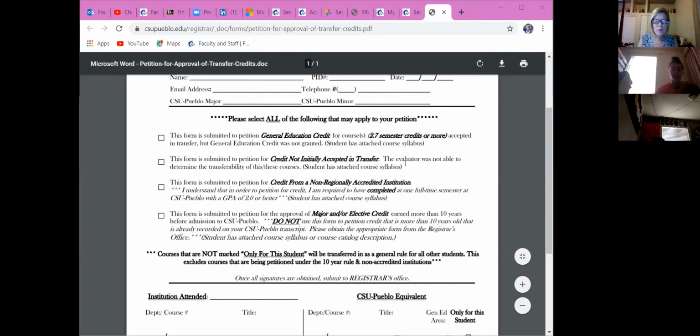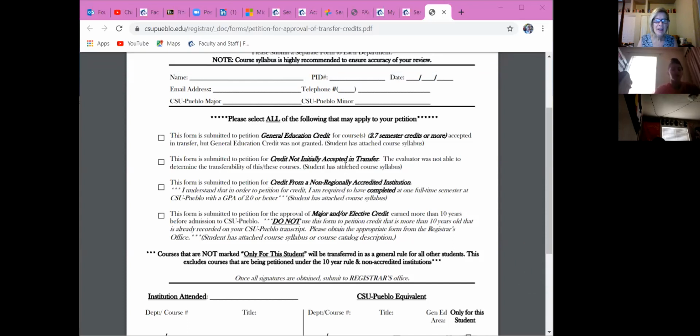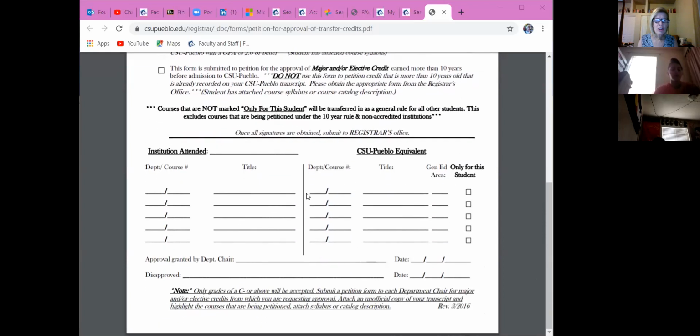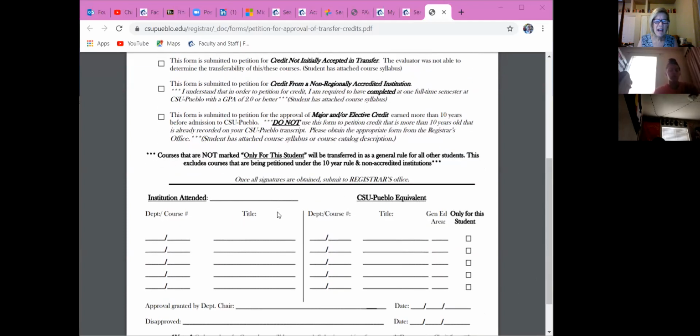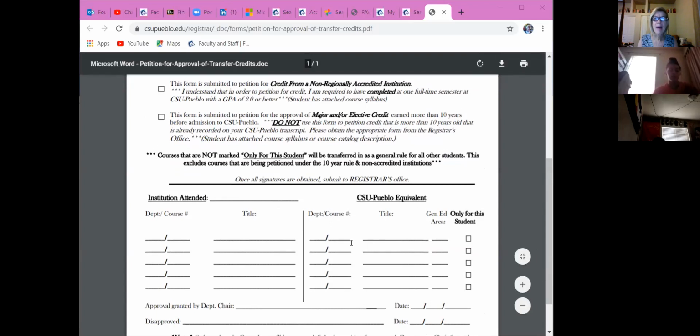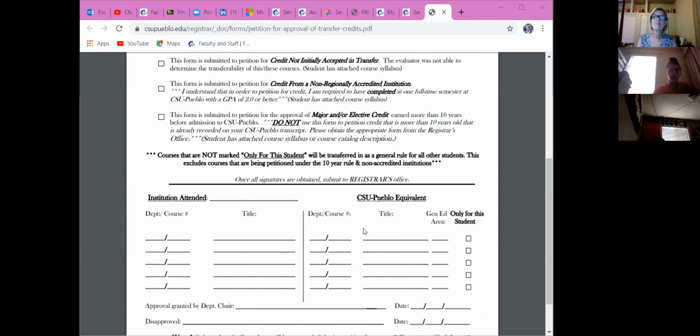It says the evaluator was not able to determine the transferability of this course. You'll need to attach course syllabi or course descriptions for those classes, and then you'll give them to me. And then I'll probably just relate them back to some kind of elective, since they're not going to have a direct equivalent.